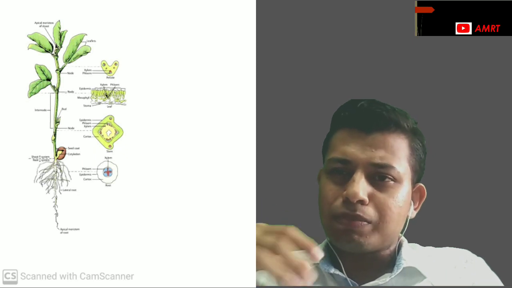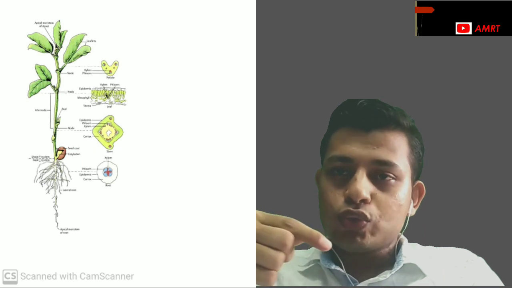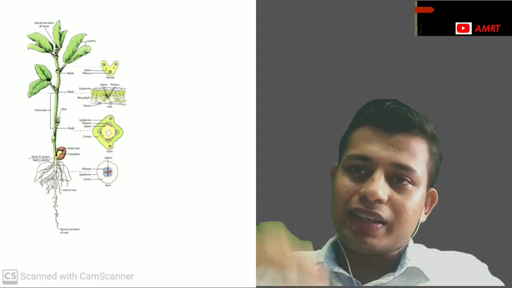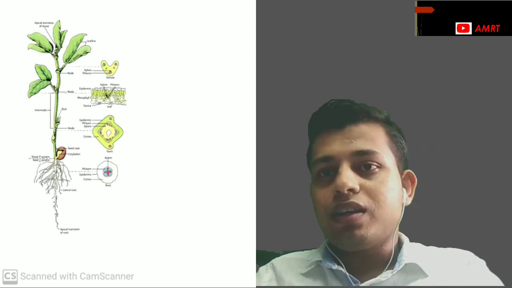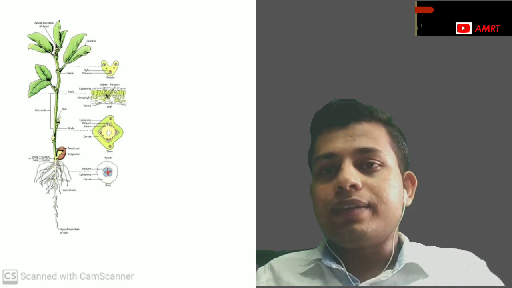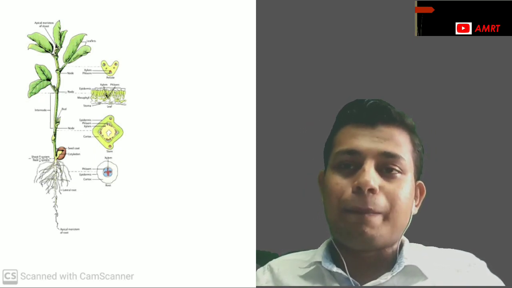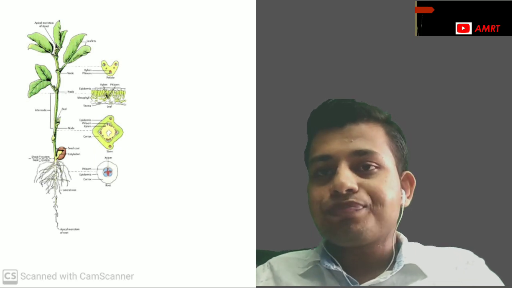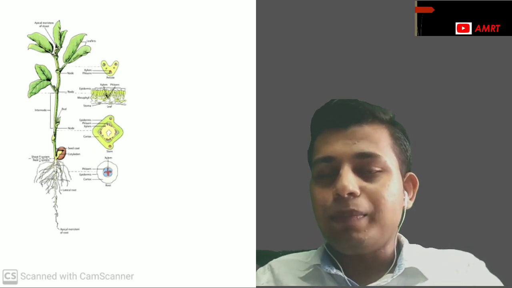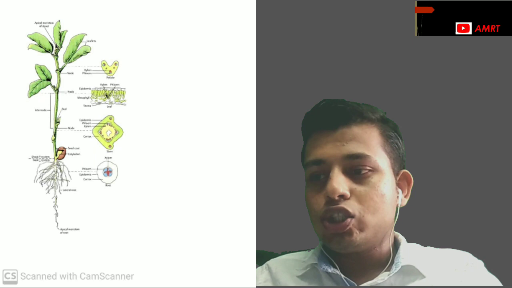Different types of roots make up the root system. The shoot system is above the ground, and the stem and the leaves make up the shoot system.